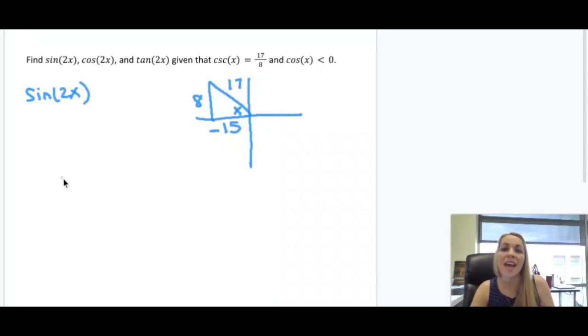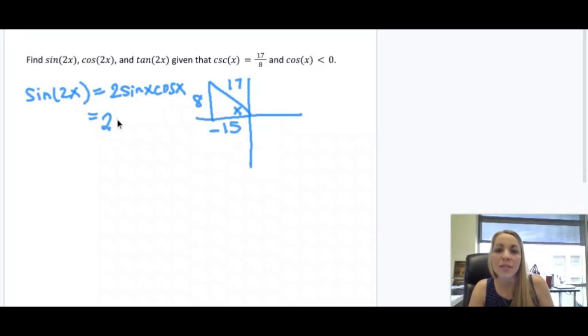In order to do this, I need to know the double angle identity for sine: 2 sine of x, cosine of x. So all I need to do right now is replace what sine of x and cosine of x is and simplify. So I have 2 times sine of x is the opposite over the hypotenuse, or 8/17. And the cosine is adjacent over hypotenuse, so negative 15/17.